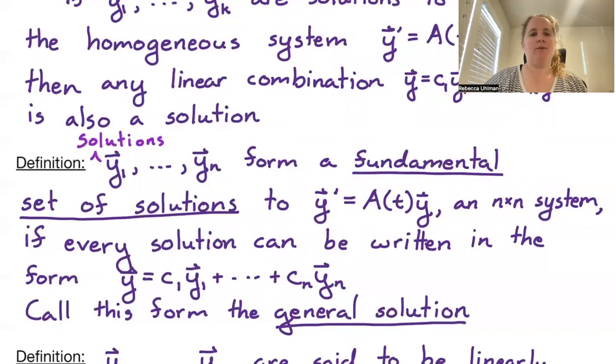So if y1 through yn are solutions, then they form a fundamental set of solutions if they essentially span the solution set, or if every solution can be written as c1 y1 plus all the way through cn yn. All right, so that's the basic theory for homogeneous linear systems.